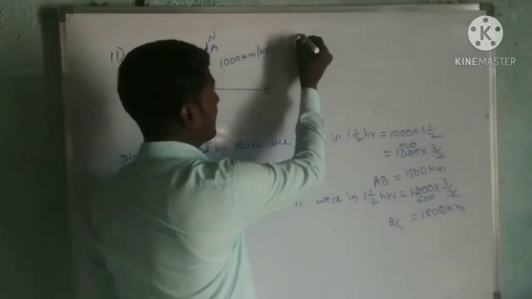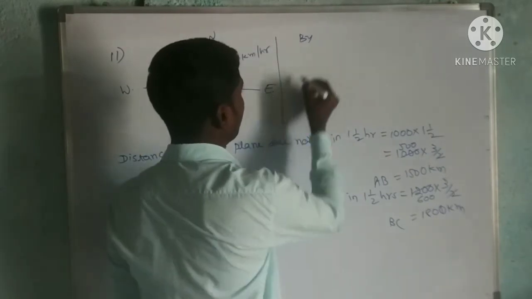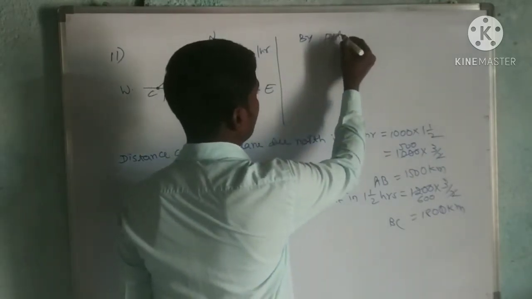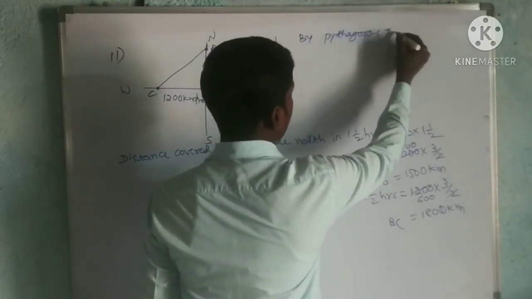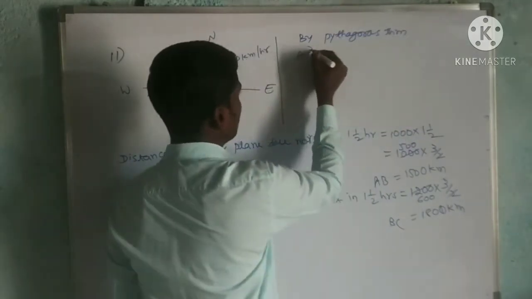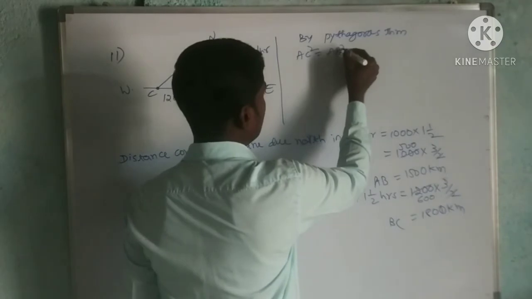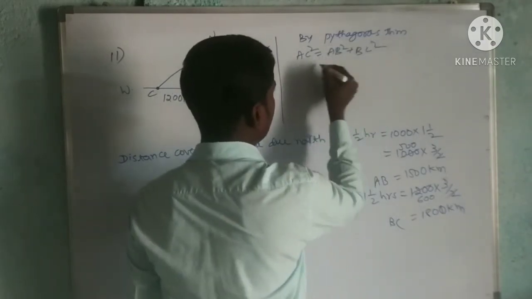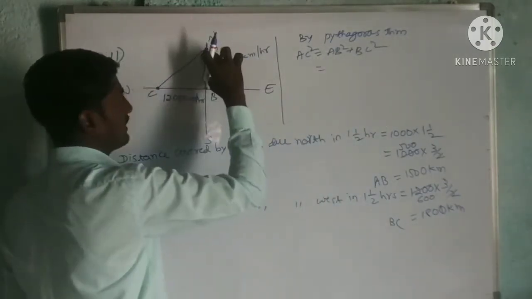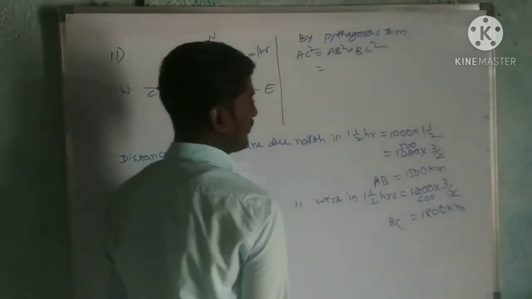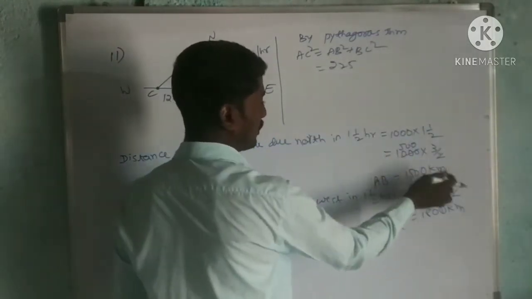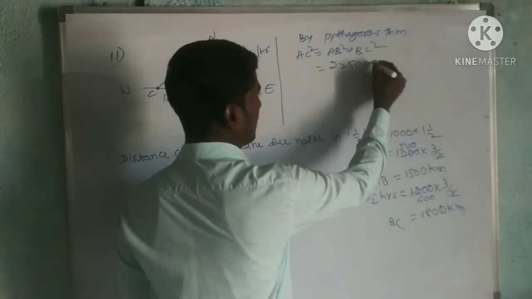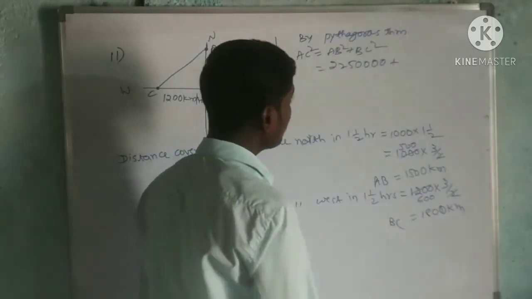Now we can apply Pythagoras theorem. By Pythagoras theorem, what can I write? AC square is equal to AB square plus BC square. Now AB, how much did I get? 1500 square, that is 15 square is 225. 2 zeros are there, square will become 4 zeros.